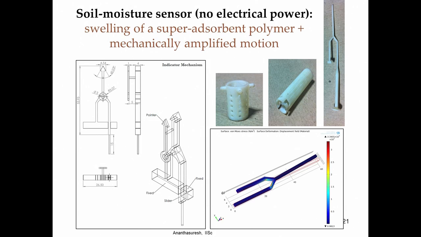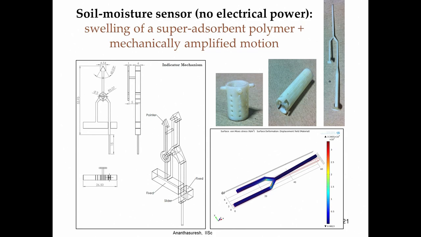So, compliant mechanisms can act like transmissions because they transmit force, motion as well as energy. If you look at that device that I just showed, the changing direction one, it can be put to use, and here one of my students has created a soil moisture sensor without using electrical power.